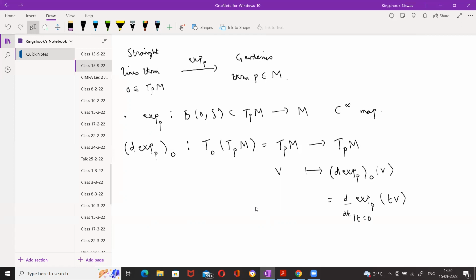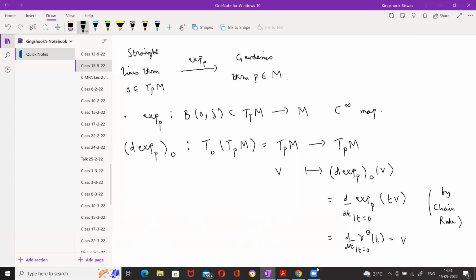But X_P of TV is nothing but the geodesic with initial conditions P, V. So its derivative is d/dt at t equal to 0 of gamma theta of t, and that is equal to V itself.